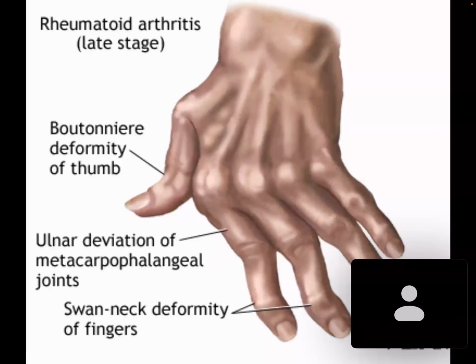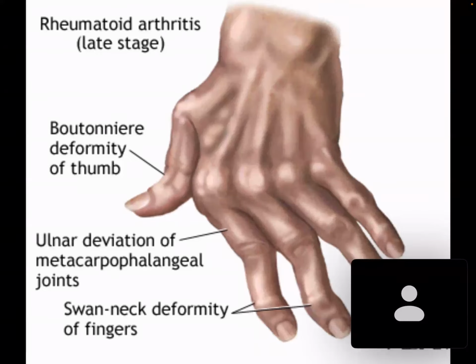So it's all one package. Let us again enumerate. Any rheumatological disease, and by rheumatological disease, I mean rheumatoid arthritis, systemic lupus erythematosus, systemic sclerosis, dermatomyositis, ankylosing spondylitis, any other arthropathy which is related to autoimmune diseases.